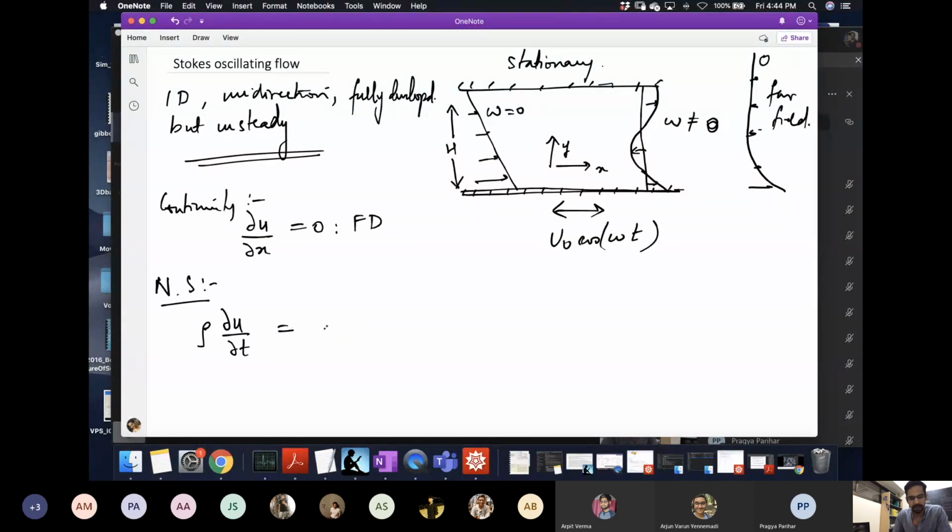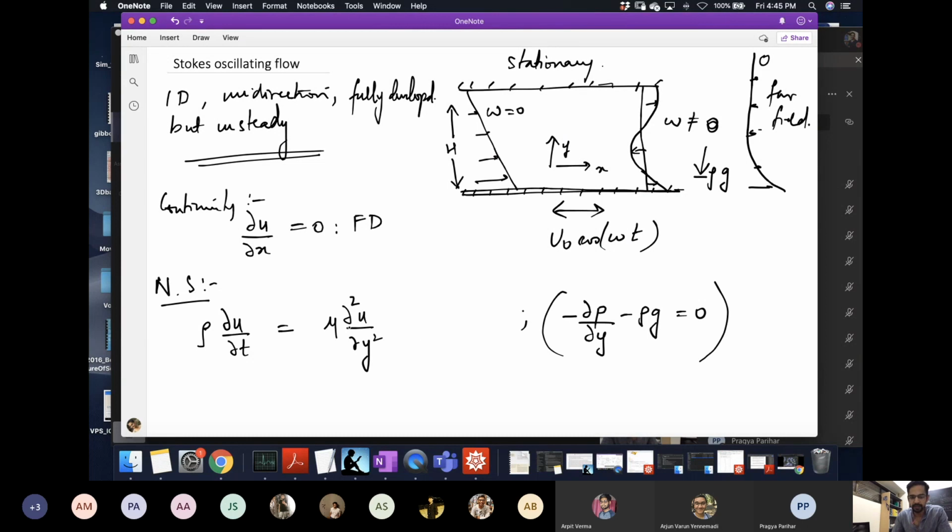And this must be balanced by mu times dou square u by dou y square, the only viscous term, because you only have u varying in the y direction. And there is no gravity acting in this x direction. If you want, you could say that there is gravity acting here, minus rho g, because y is in the top direction. So in that case, the y momentum equation would just be which is just a hydrostatic pressure.